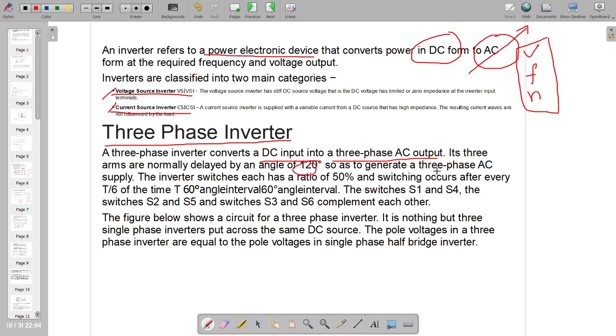As it generates a three-phase AC supply, the inverter switches in the ratio of 50%, and the switching occurs after every T by 6 of the time, that is 60 degrees of the inverter angle. Nothing to worry, we will discuss it in detail in the coming slides. So we are considering a three-phase inverter.